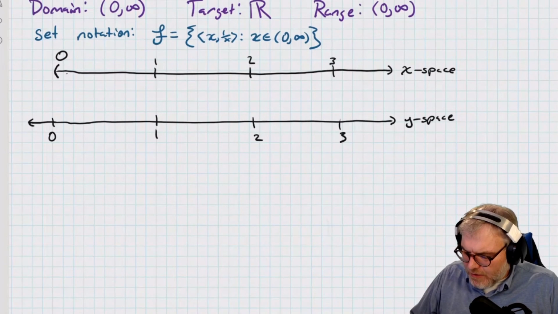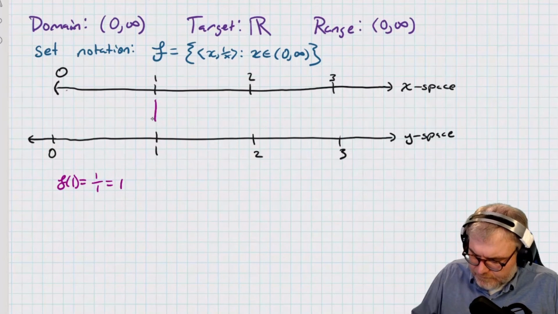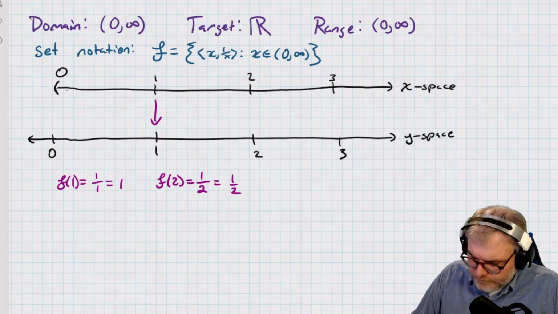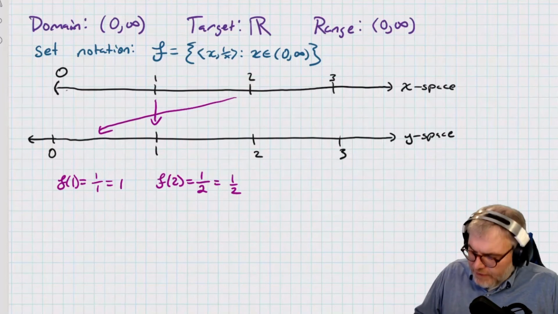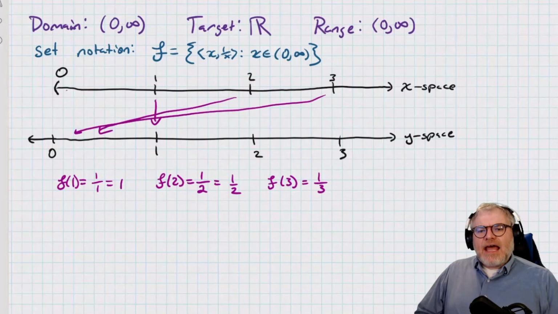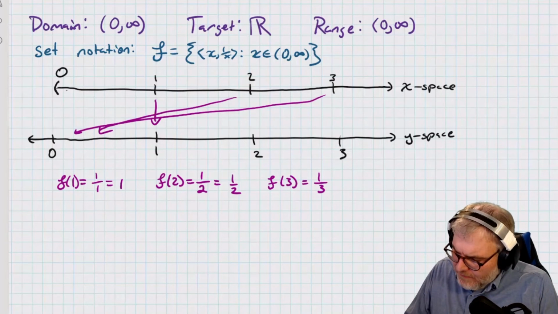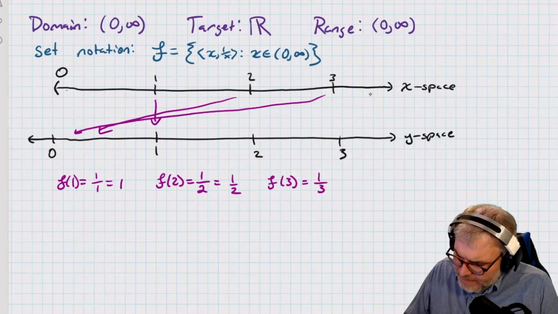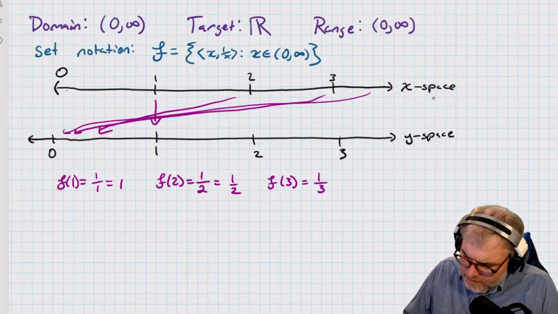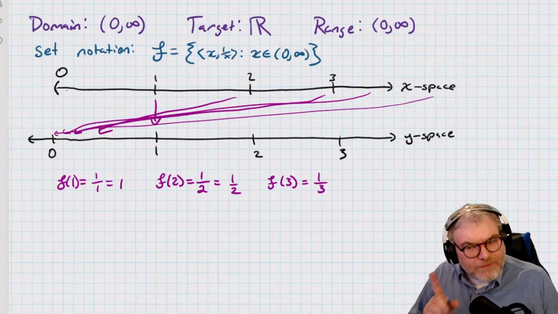Now, what is f of 1? What is f of 2? What is f of 3? Now, as x gets bigger and bigger and bigger, what happens to these arrows? Right? They're just going to keep going this way and this way and this way. They're going to get closer and closer to 0, but never pass it.